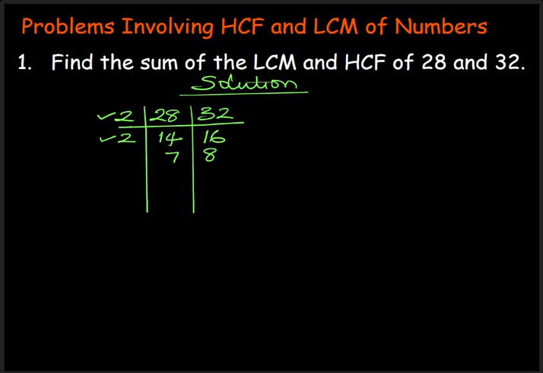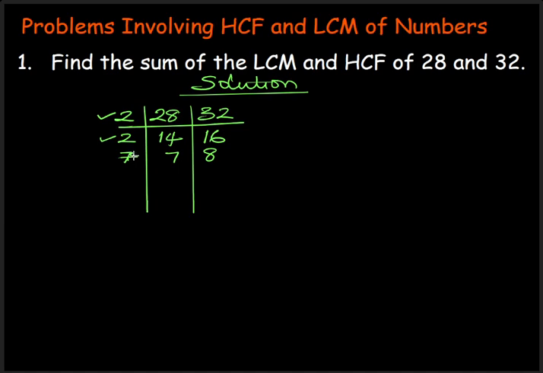But since we are also considering LCM, let's proceed to take it down to 1, 1. If we check 7 and 8, they don't have anything in common. So we can take them individually.